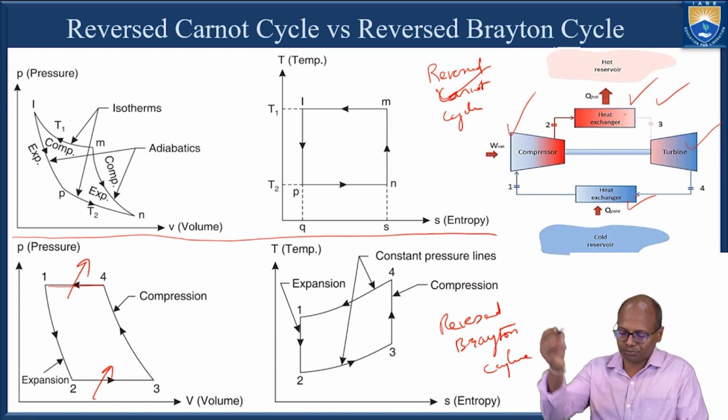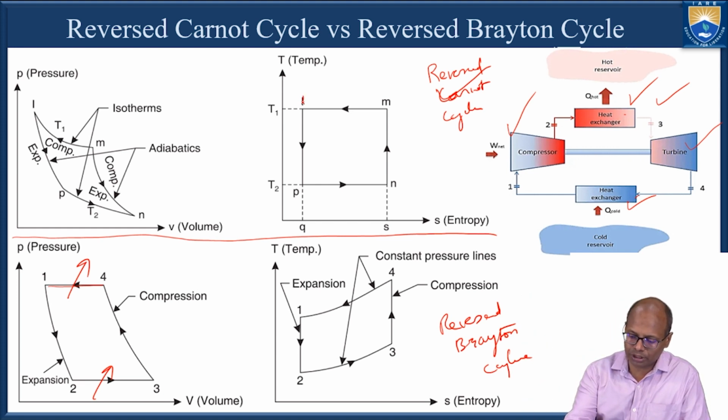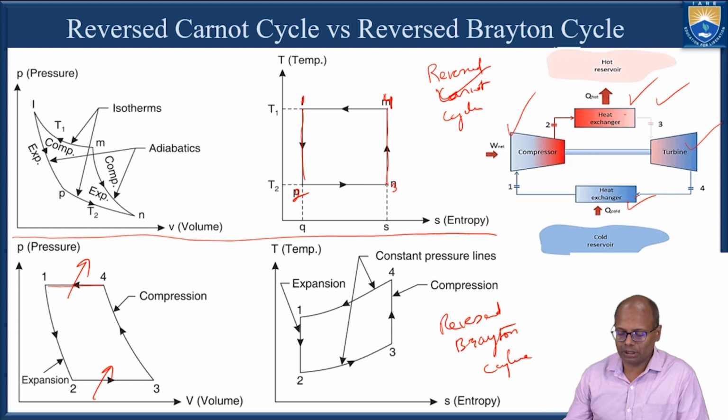If you see, with similar terminology, this is 1, this is 2, this is 3, and this is 4. This is a constant entropy process, and this is a constant entropy process, and this is a constant temperature process, and this is a constant temperature process.